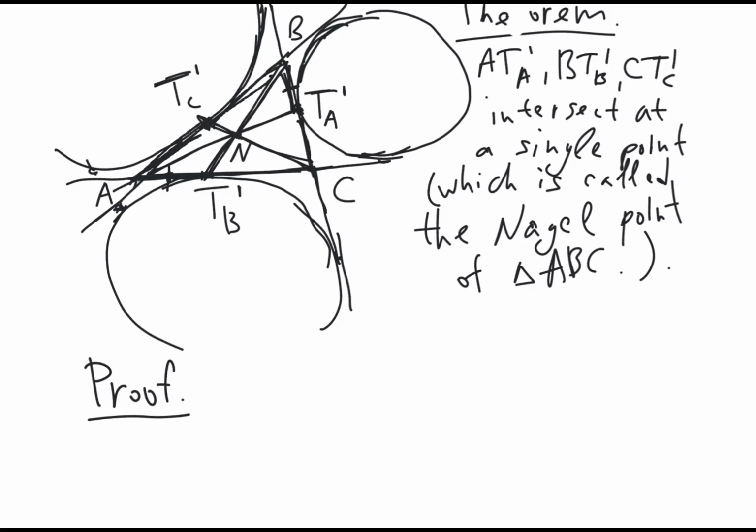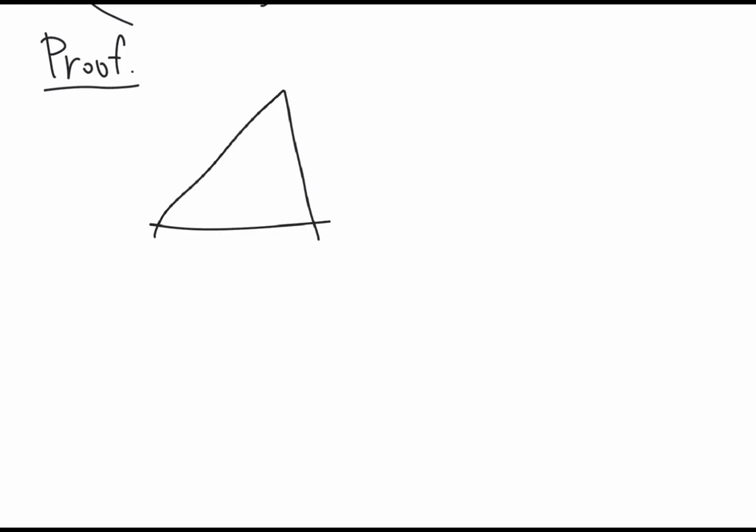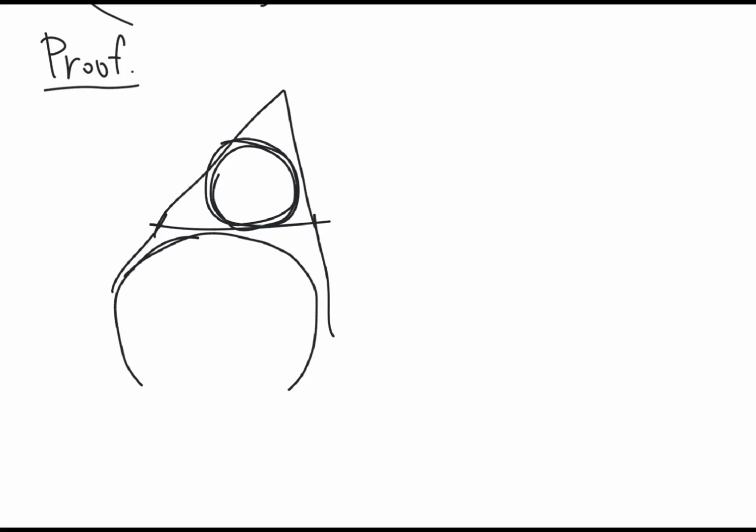So let me remind what I proved in one of the previous videos. If we have an incircle and an excircle, then this tangent from the vertex to the tangency point of the excircle is equal to this segment. So this is B, this is TB, and this is TB prime.